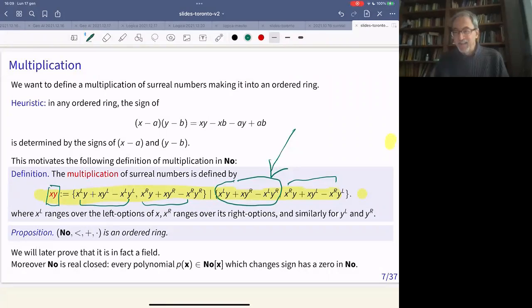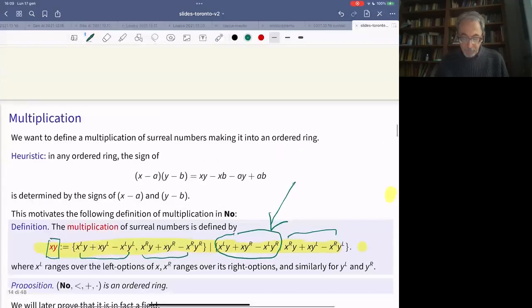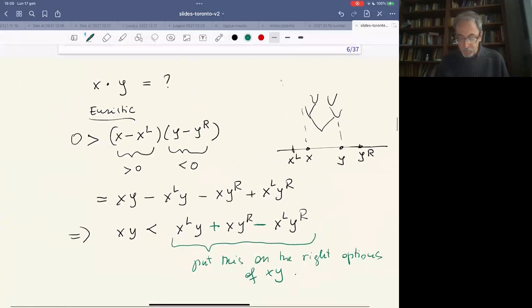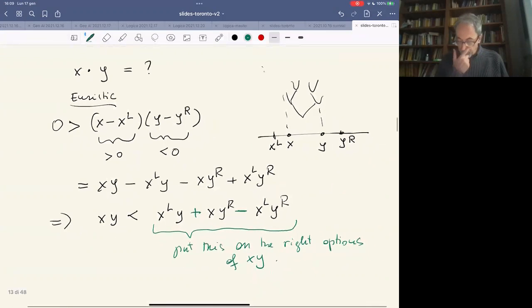So addition is the simplest function which is increasing in both arguments. Multiplication should be a function which has some properties with respect to the order, but should also distribute over addition. I'm imposing in the heuristic the distributivity over addition. Right. It's clear, okay. Yeah. Okay, thank you, Alessandro.